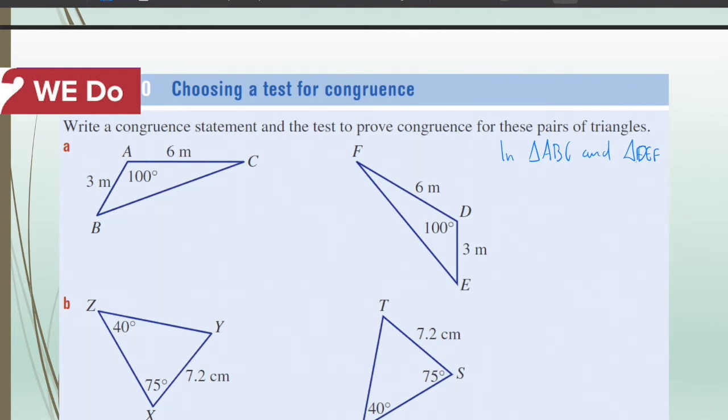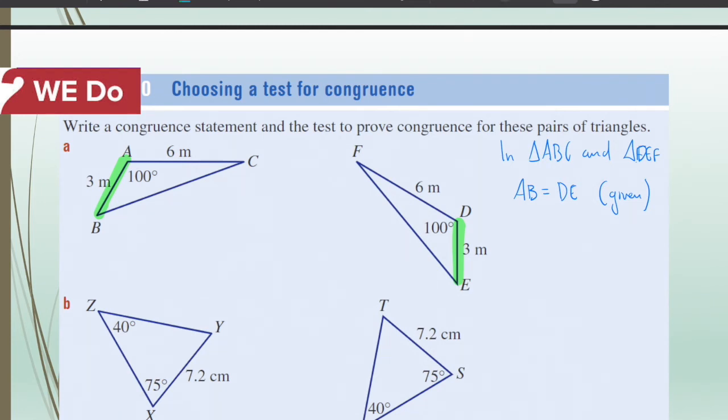Let's see if we can identify some pairs of things that are the same. So we've got a 3 meter side here and a 3 meter side here. So we're going to say AB is equal to DE, because that's given to us.